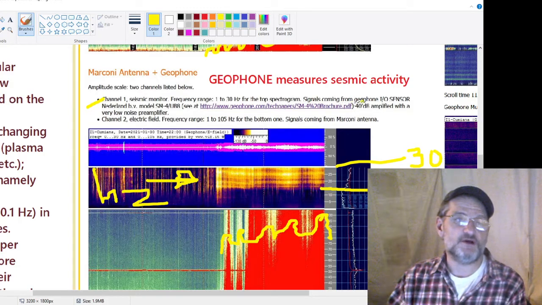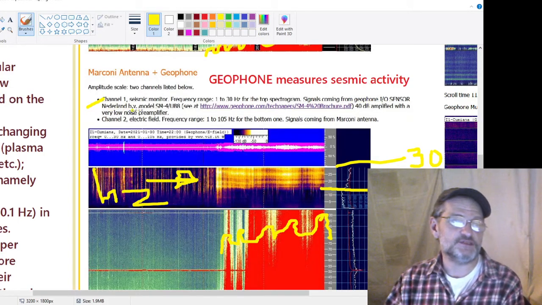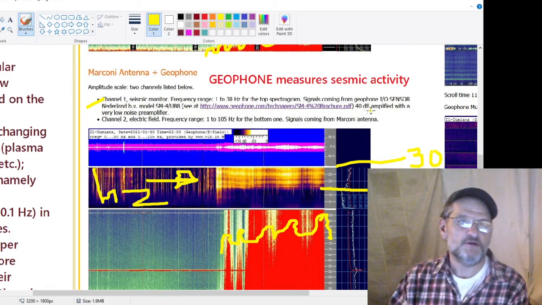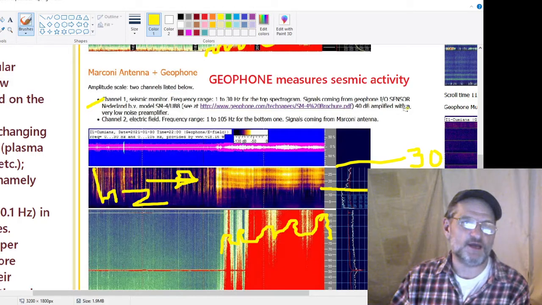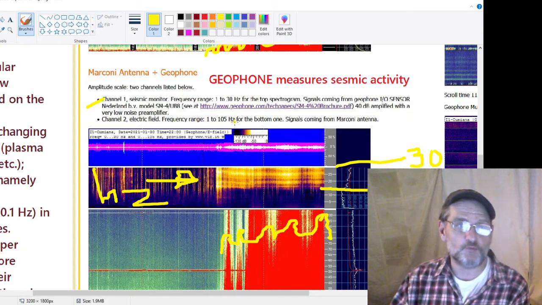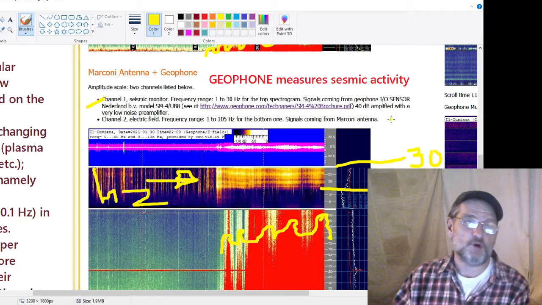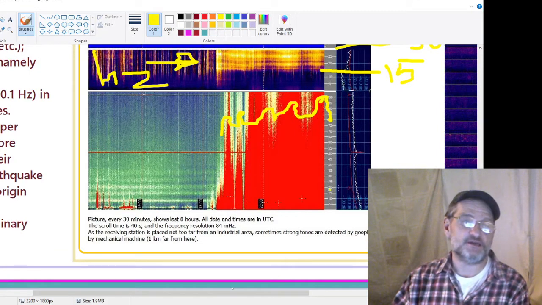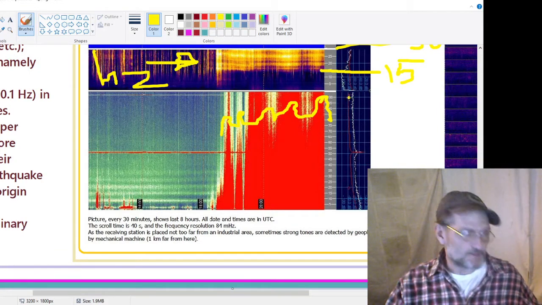The signal is coming from a geophone, I/O Sensor Netherlands BV, model SN 4-8U, 40 decibel amplified with a low noise amplifier. Channel 2 is electric field, frequency range 1 to 105 hertz for the bottom one. Signal coming from a Marconi antenna. So you see that. Okay, there's our bottom one.